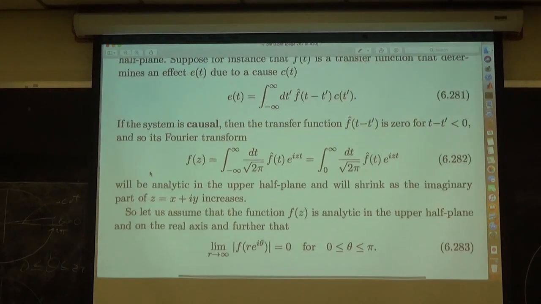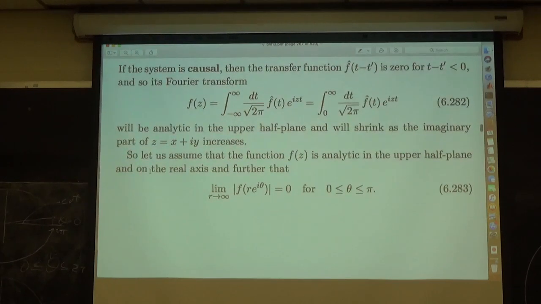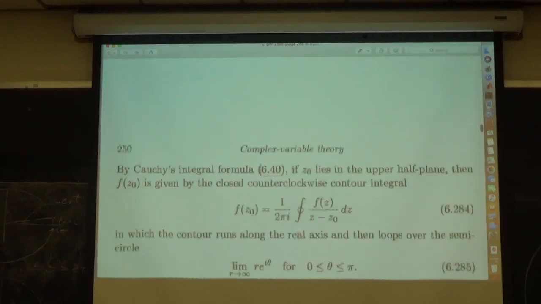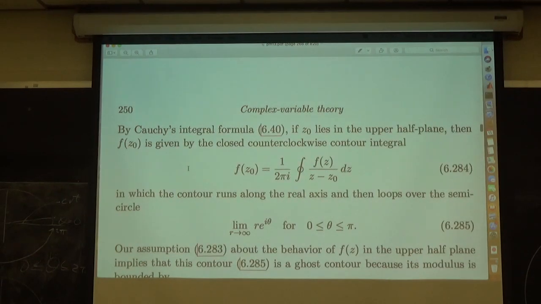And to get further with complex variable theory, we normally assume that the absolute value of f goes to 0 as you go out to infinity in the complex plane. That's so we can add a Gauss contour. So if z0 is anywhere in the upper half plane, since we already have that f is analytic in the upper half plane, we can use Cauchy's integral formula to write f of z0 as an integral, and the contour is along the real axis, and then a Gauss contour around the North Pole.